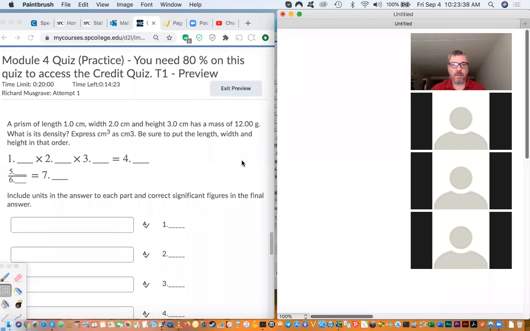Now, for something like this, the volume of the block is going to be 2.0 centimeters times 1.0 centimeters times 2.0 centimeters times 3.0 centimeters.